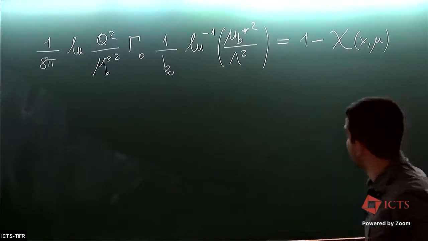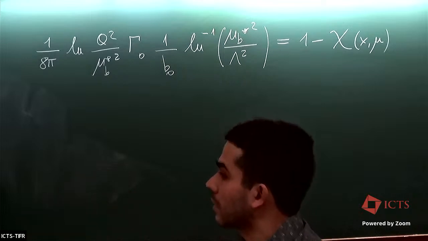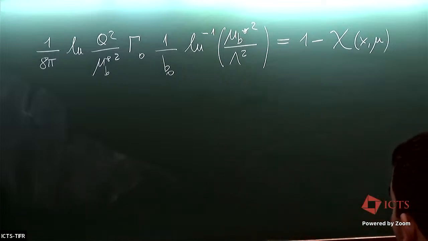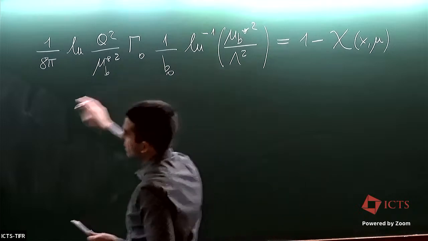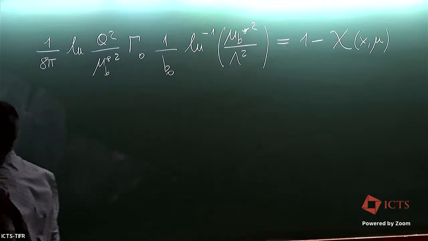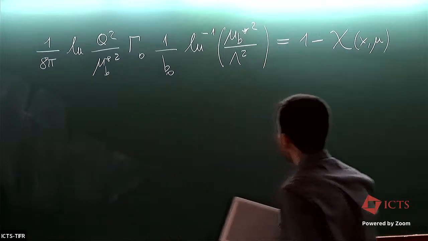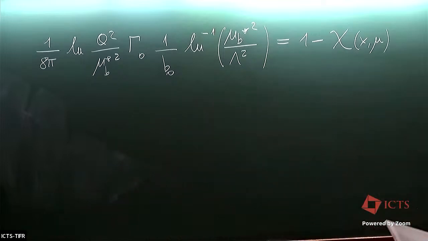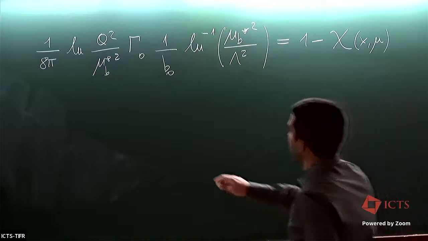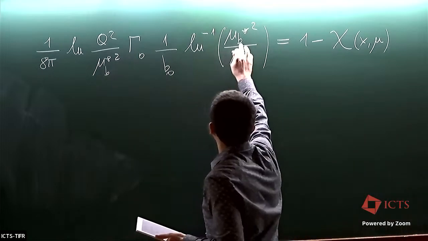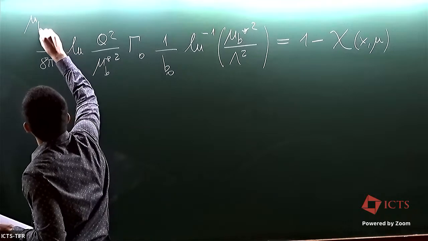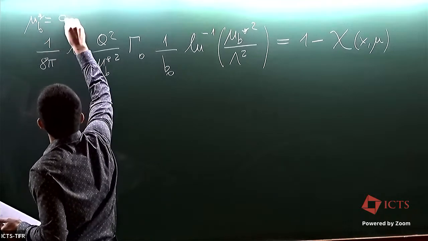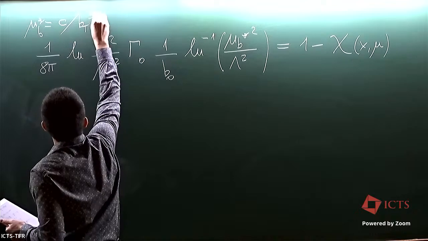So I did nothing but rewrite alpha strong, actually. I included here the expression of alpha strong as a function of the renormalization scale. Okay, now we want to try to isolate BT saddle point. So BT saddle point sits inside of these variables here. I remind you that mu B star is actually C divided by BT saddle point.